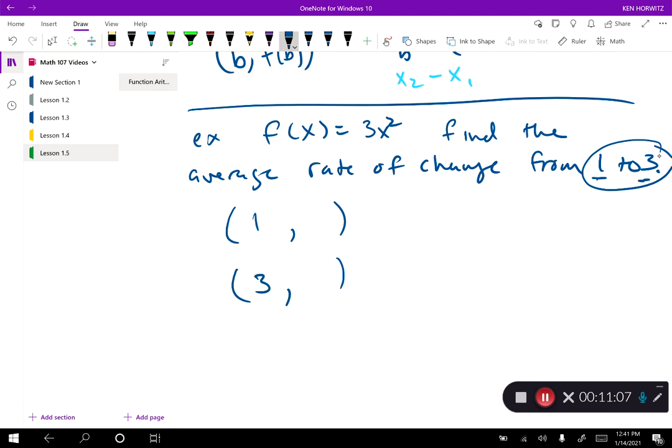So I take this 1 and put it into my function, and then I take this 3 and put it into my function. At this point, why don't you stop the video, run 1 through the function, run 3 through the function, and we'll see what our y values are. Then come on back, and we'll do a little bit more.